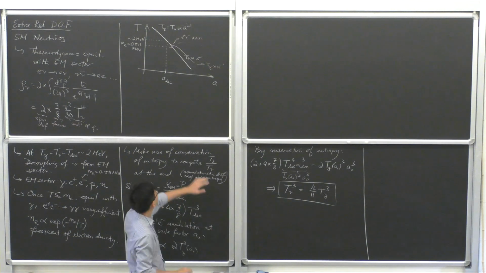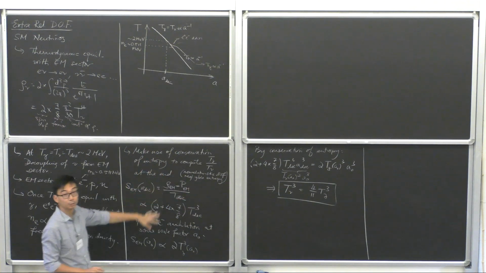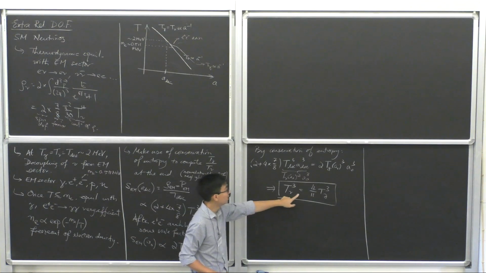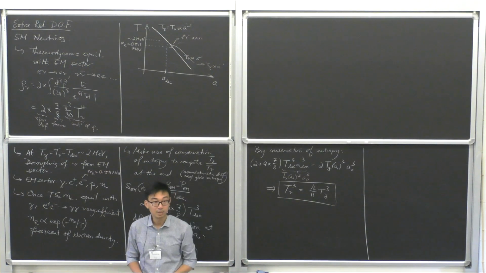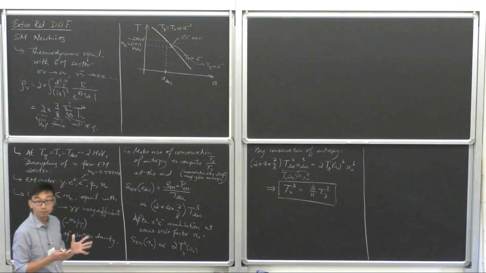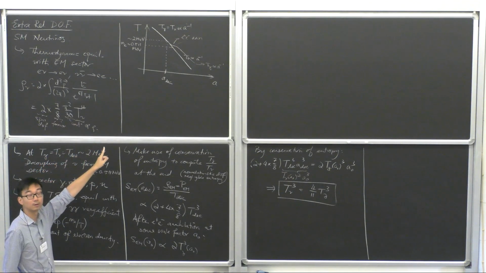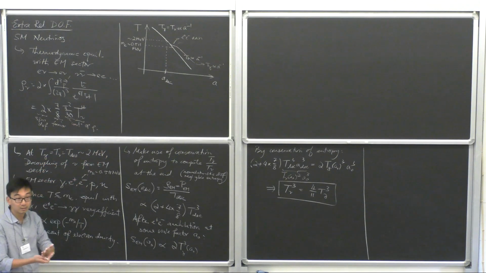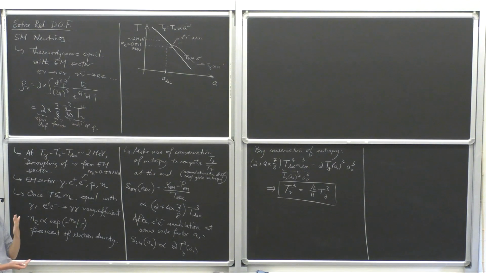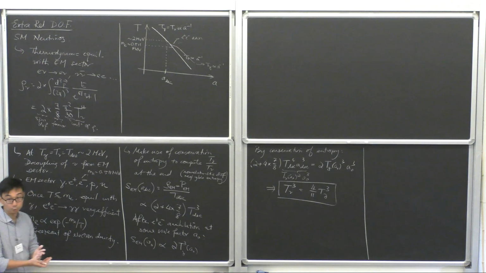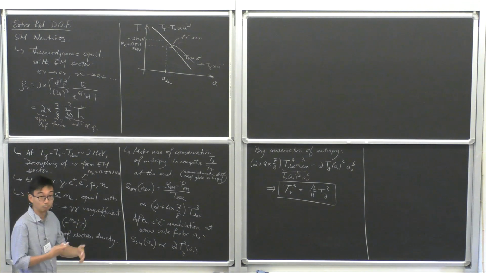So based on an entropy conservation argument, I can already estimate what the neutrino temperature is. It's roughly 4 over 11 times T gamma cubed. Now, what goes wrong with this estimate? First of all, I assumed that when decoupling occurs, it's instantaneous, and it occurs only when electrons are relativistic. Neither of which is true, obviously. Decoupling takes a while.